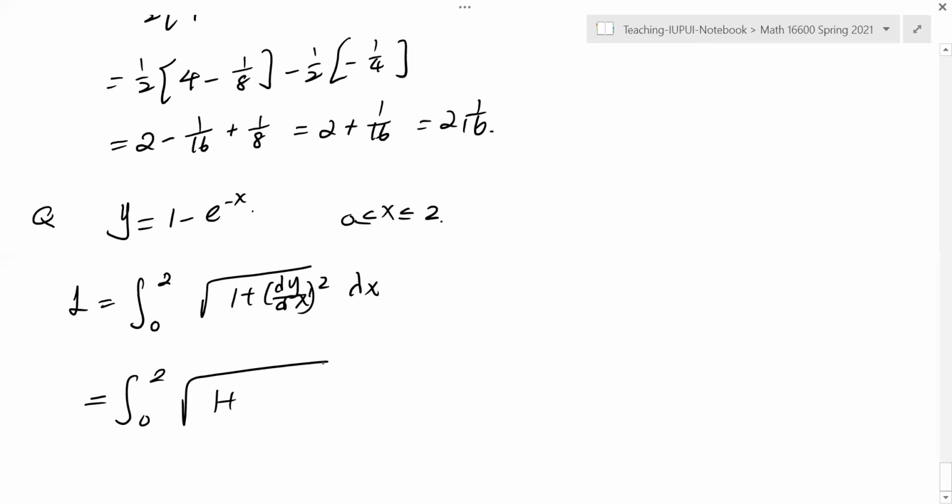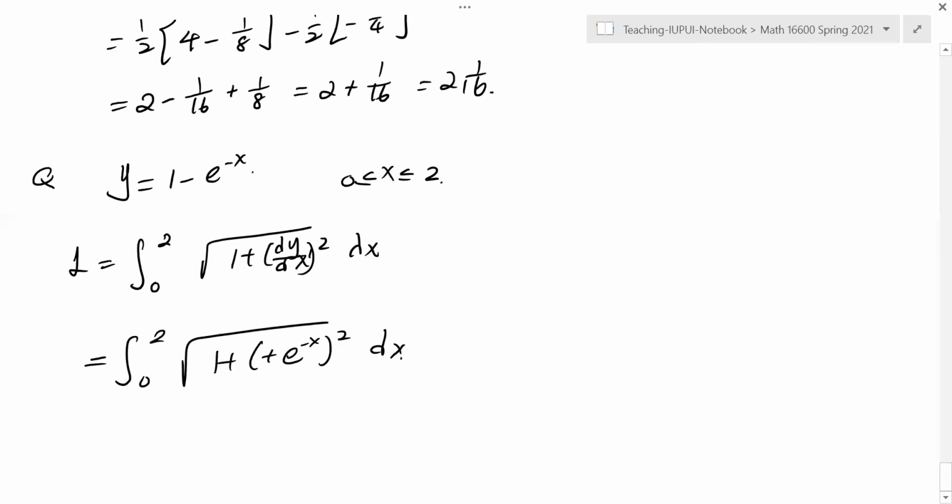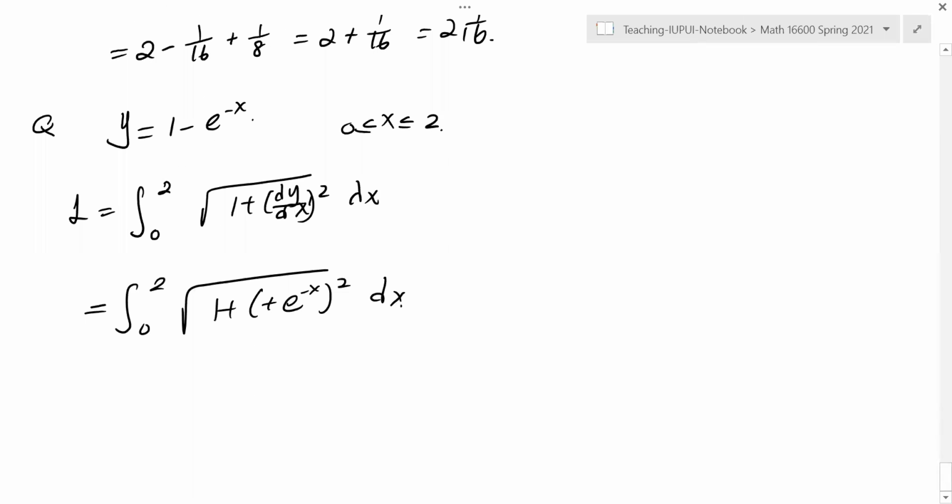So this is the integral, right? It's 1 plus the derivative dy over dx, which is going to be just negative. It's positive now. Squared, dx. All right. Then, well, what I'm going to do is simplify this integral, right? It looks like this. e to the x, right?